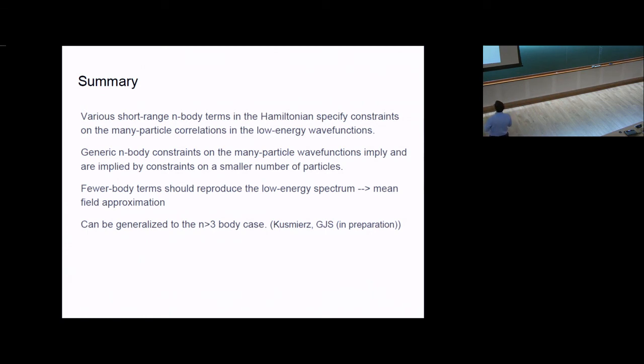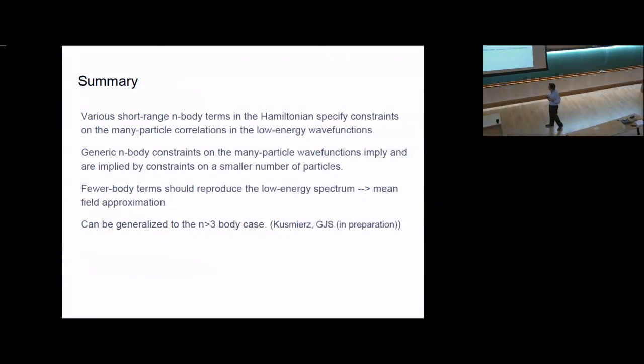So with that idea, one should be able to construct fewer-body terms for this n-body interaction, which reproduce the same low energy spectrum, which we have actually shown by constructing a mean field approximation. I have shown only the results for the three-body case, but it can be generalized to four-body and higher body terms.